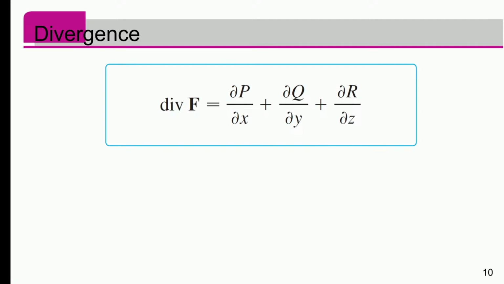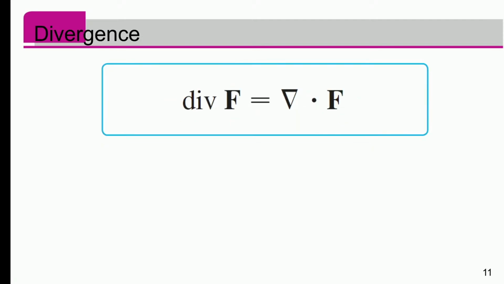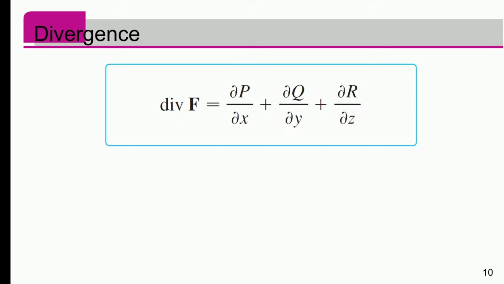So the other form of this, as I mentioned, is this. The divergence is this gradient operator dot product with the vector field. And you can see that the gradient operator is basically this. I'll write it down. So the gradient is this, and this, and this.